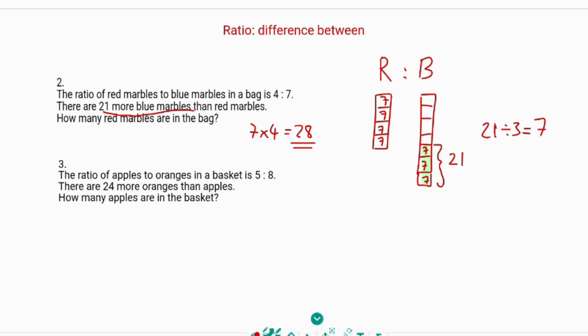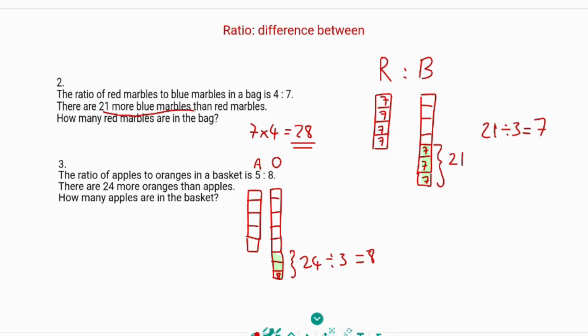So we've got apples to oranges here. 24 more oranges, 3 more boxes. 24 divided by 3 is 8.